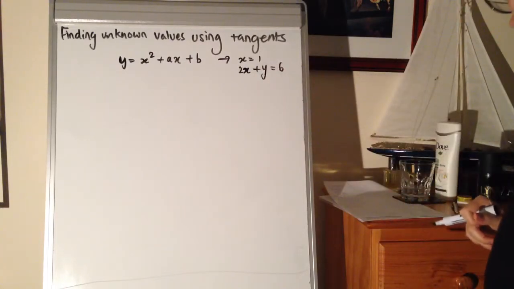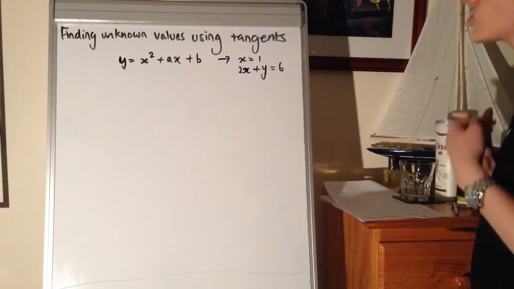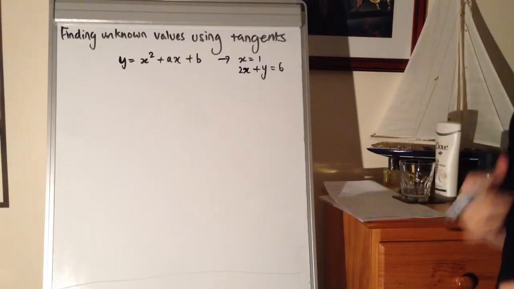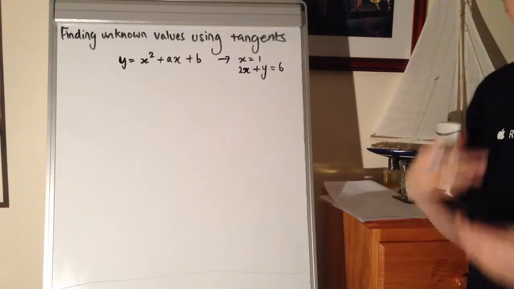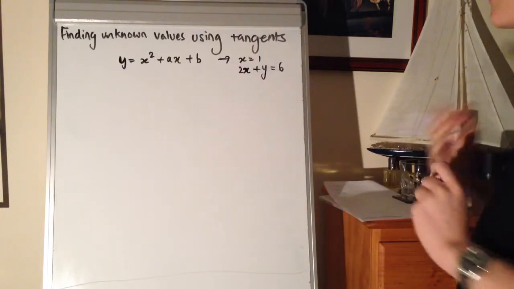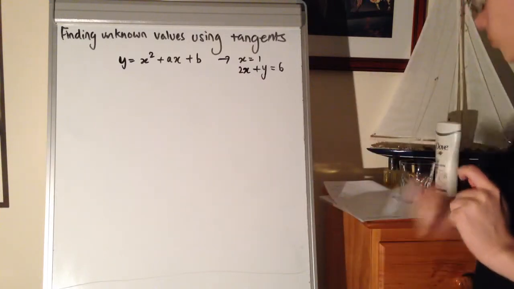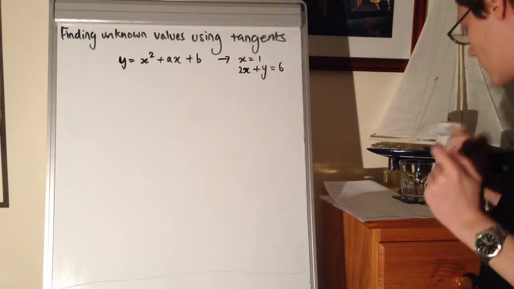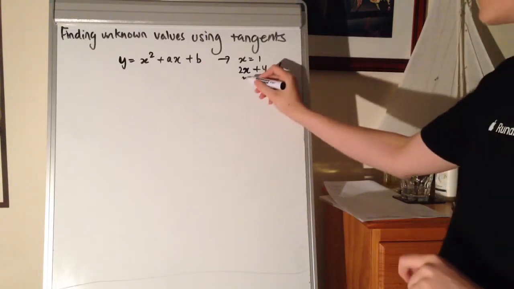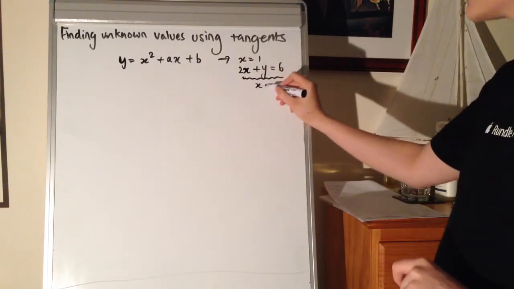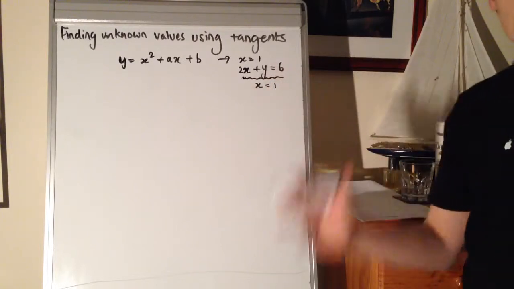What we first need to start off doing is trying to find the y coordinate, because we need a coordinate point in order to work out the values of a and b. To find the coordinate point, we just evaluate the equation of the tangent when x equals 1, because it's a nice and easy equation to work with.